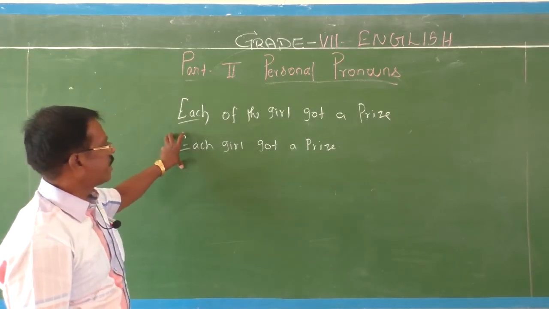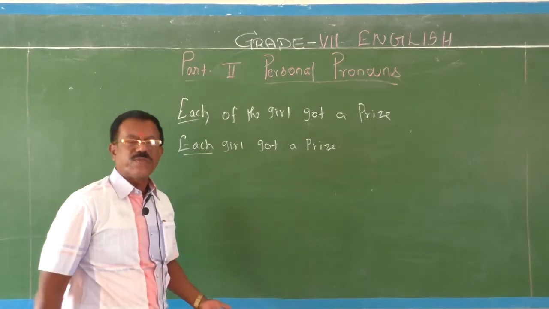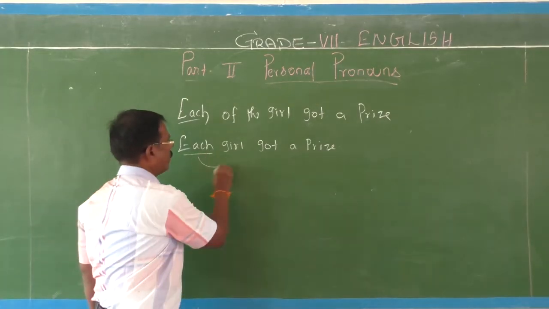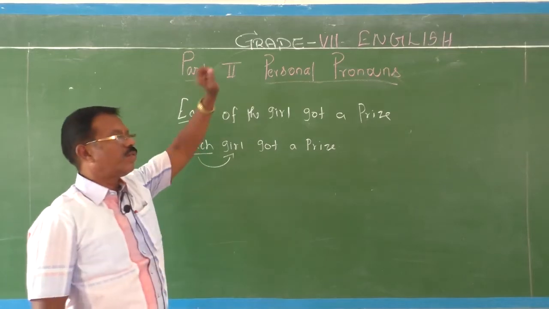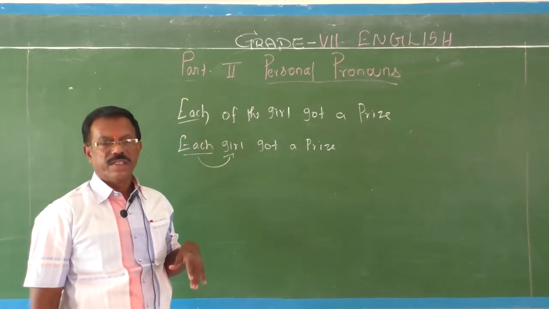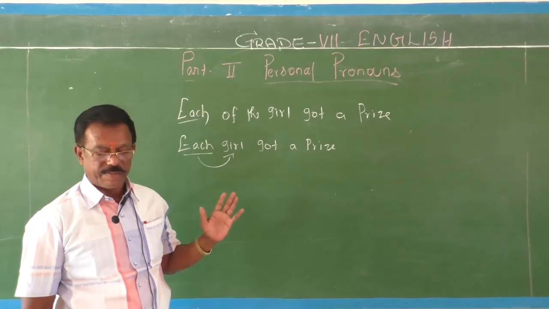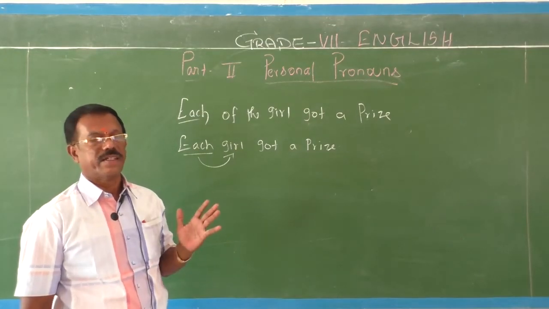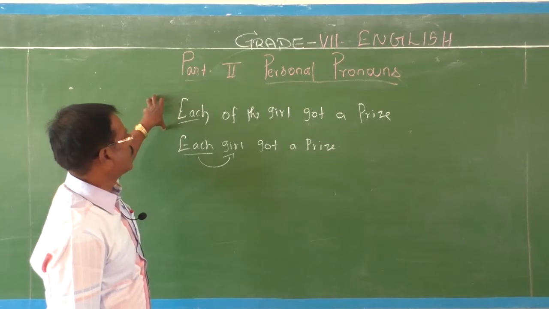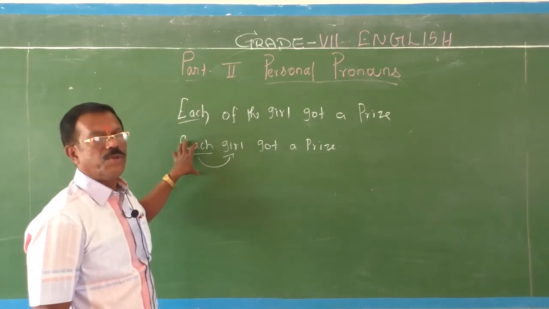But in the second sentence, each girl does the function of an adjective and it describes the girl. Okay, so it refers to everyone who participates in the function. So either side of the road, either of these two roads, so difference is there. So this is the difference between distributive pronoun and distributive adjectives.